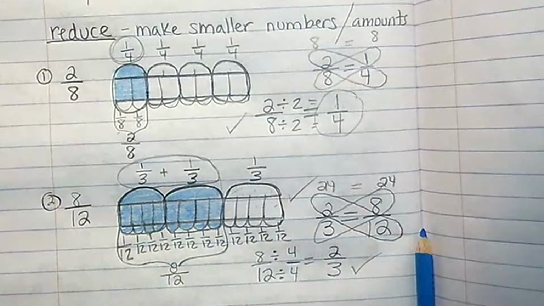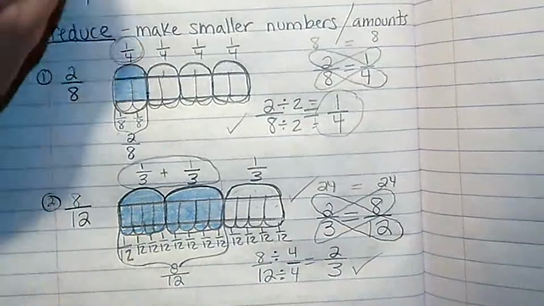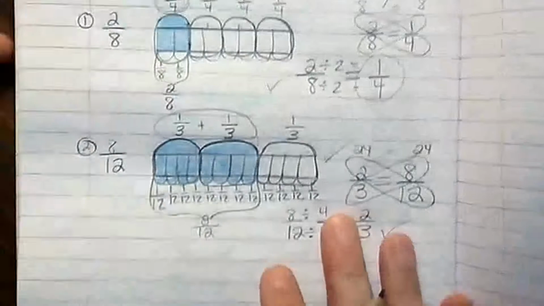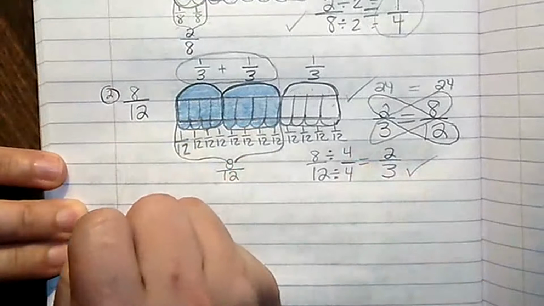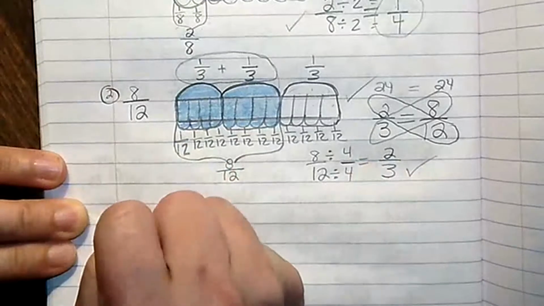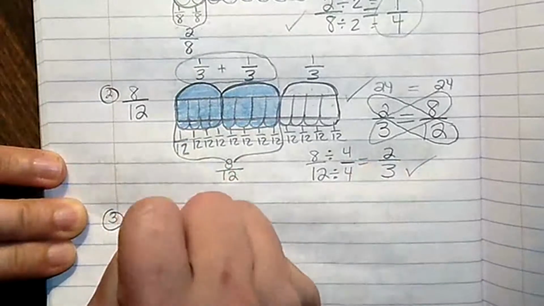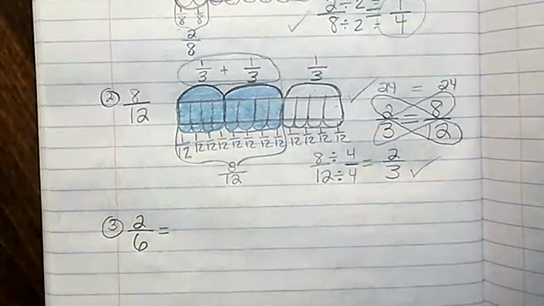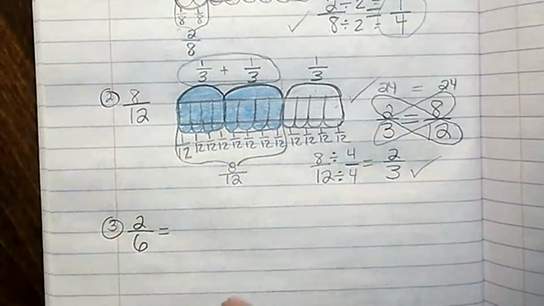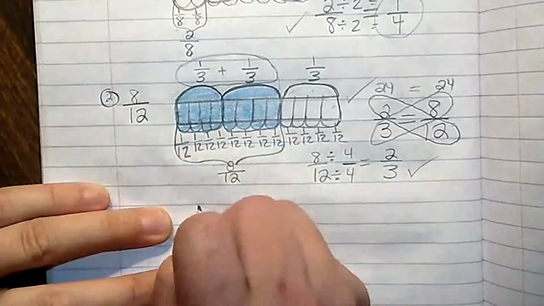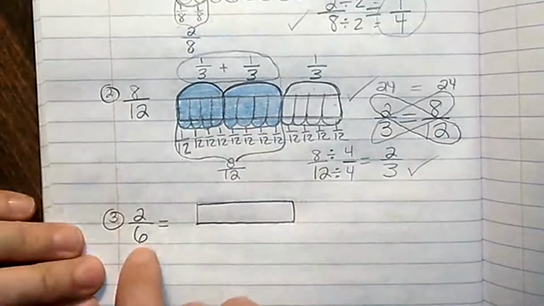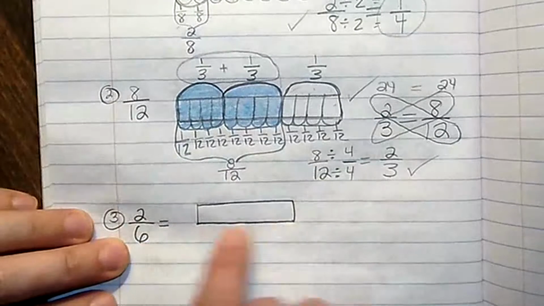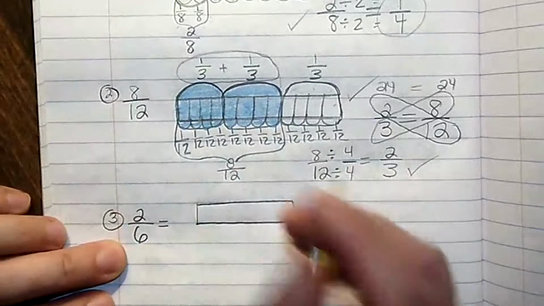All right, let's try another one. Let's try 2/6. This is number 3. 2/6. I'm going to draw a chocolate bar. 2/6. What should I split my chocolate bar into? 6ths.